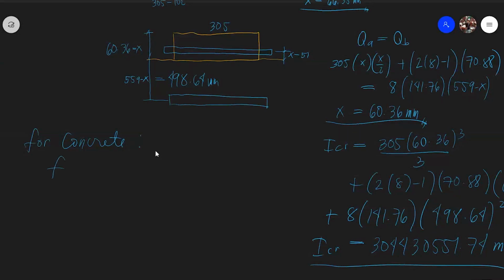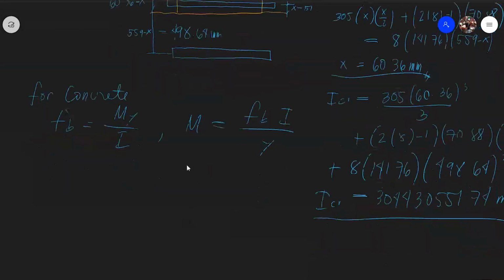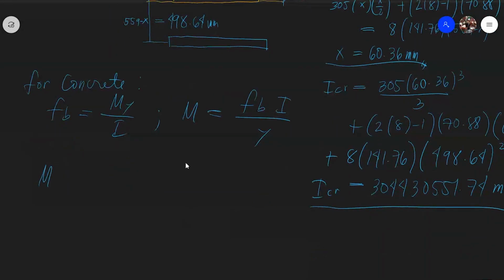From the general flexural formula, FB is equal to My over I. Rearranging the equation, M equals FB I over Y. Honestly, I just derive it because I do not memorize the moment formula. This is our working equation.